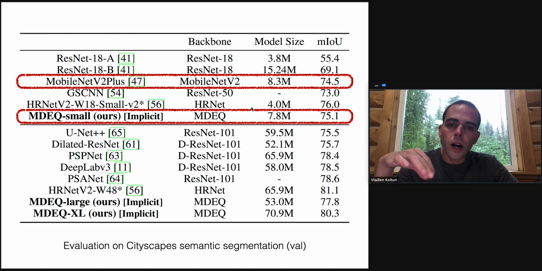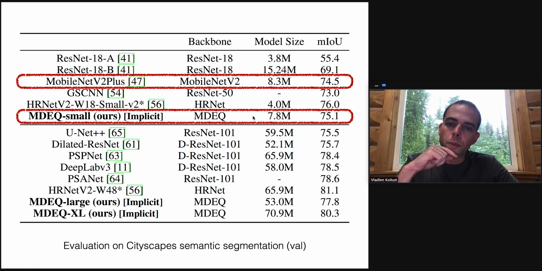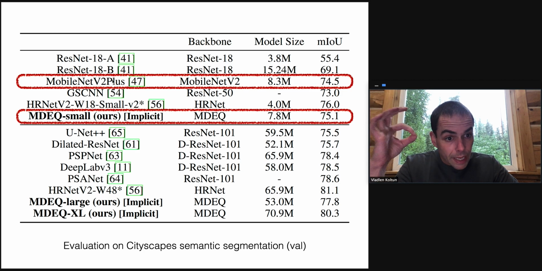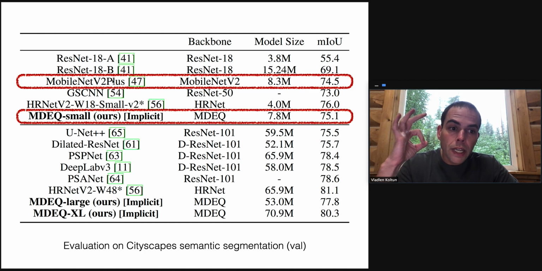Now, in the top half of this table, you will again see small models appropriate for edge deployment, mobile deployment. We will compare the performance of our small Mdeck to MobileNet V2+, which is a strong, carefully crafted convolutional network that was published just 2 years ago at CVPR 2018 and was carefully architected by a very competent, very experienced computer vision team.